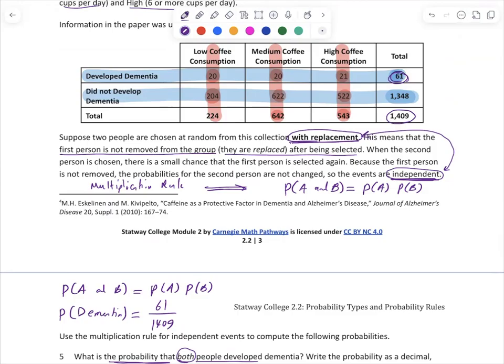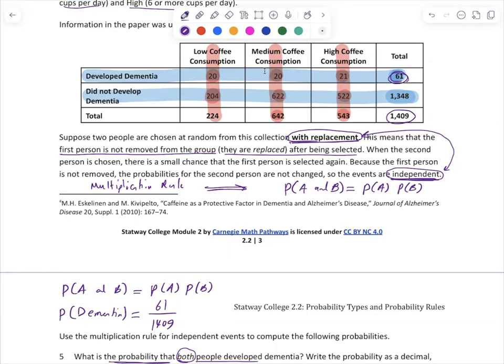1,409 developing dementia, right? So if I ask you, hey, what is the probability you randomly select three people and all of those three people develop dementia, what is that? Let me run a poll. We can extend the idea to three events as well.